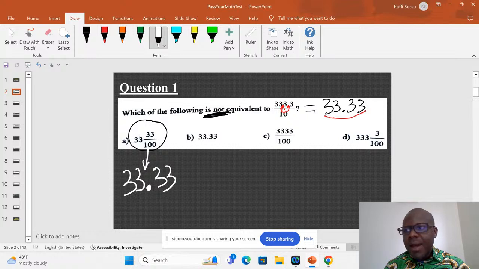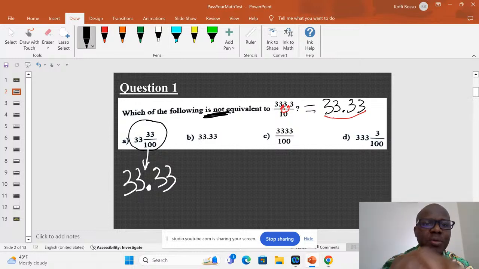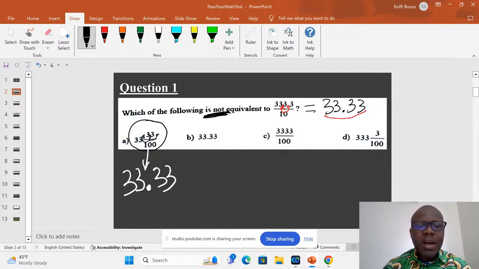Understand that to change a mixed number into a decimal, you have the 33, and the fraction 33 over 100, which is the same as 0.33. Remember, every time you divide a number by 100, we move the decimal two places to the left. So the decimal for 33 is here. You move it two places, and you have 0.33. You add it to 33, you have 33.33.